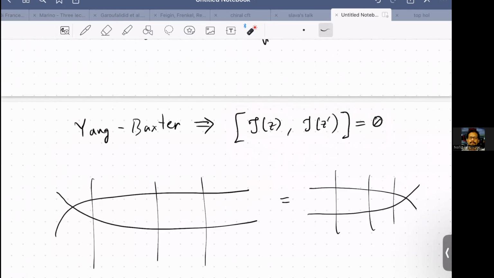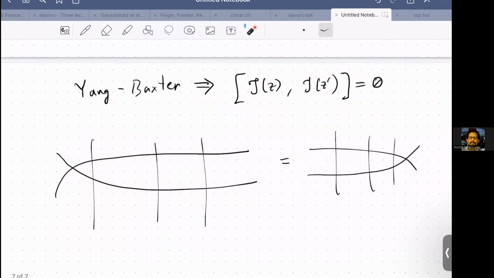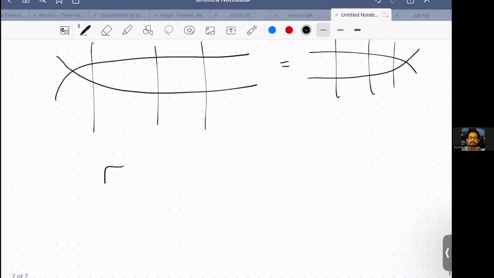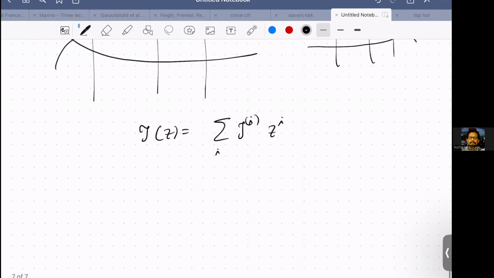Okay, so now what is the benefit of these two operators commuting for any value of Z and Z prime? The benefit is simply that you can expand this equation now in Z and Z prime. And since this equation must hold for any value of Z and Z prime, let's say that your expansion is something like this. So this is a sum over i of T_i Z^i.